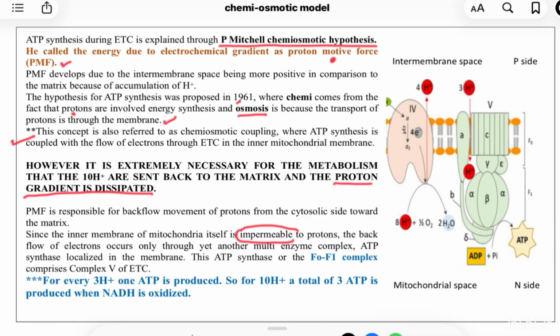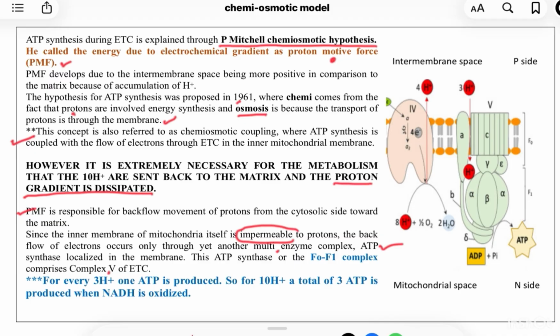So the protons cannot be pushed back simply and need to be carried by certain molecules. In this case, it is the ATP synthase, the enzyme complex, which is also considered as the fifth complex of the electron transport chain. Second, the PMF is responsible for the backflow of protons.